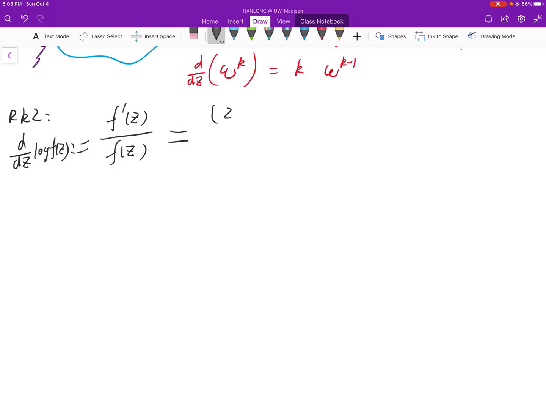So f prime is the derivative of (z minus a) to the k's power times g(z), divided by (z minus a) to the k times g(z).